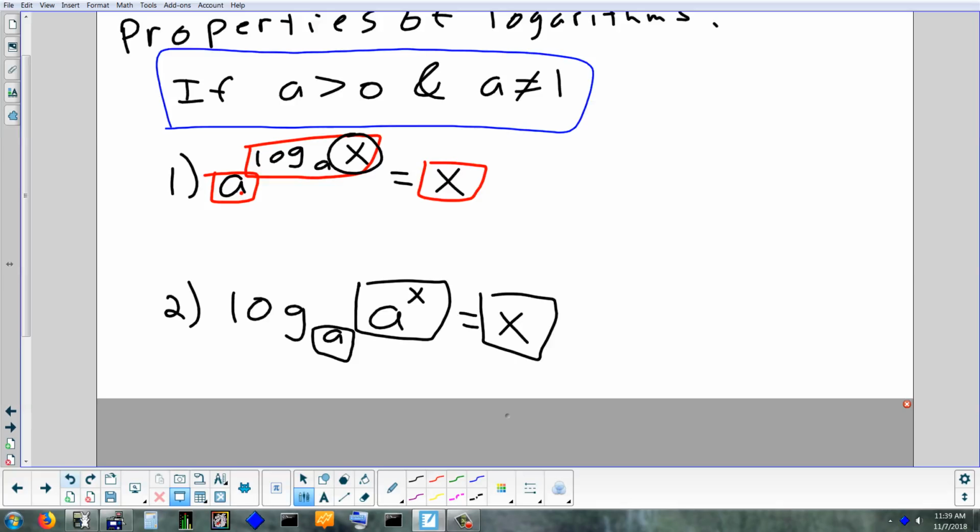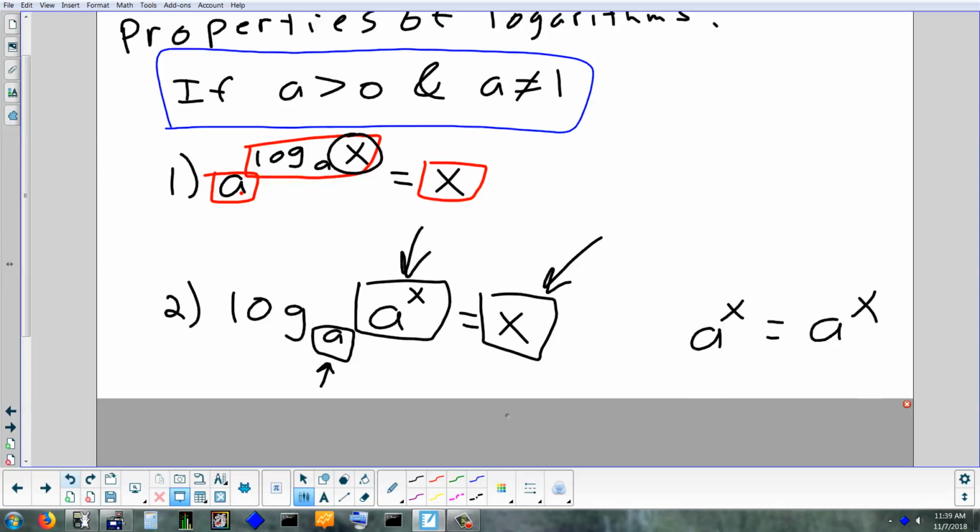A. That's my base right there. So A. What's my exponent? Yeah? X. The logarithm always equals the exponent. That's my exponent. Now the only thing I haven't used is the argument. That's right there. A to the x.